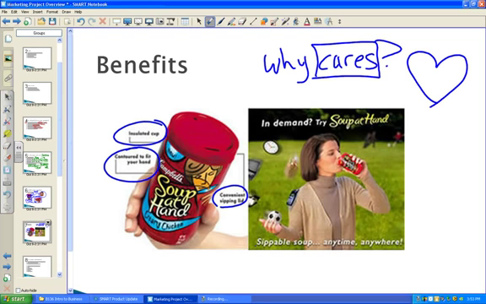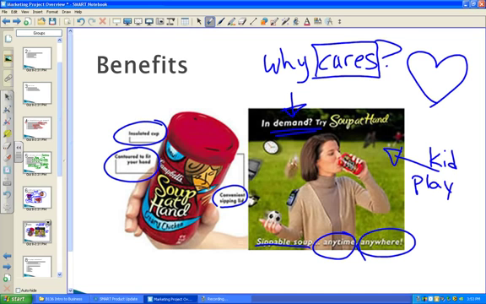Let's look at this woman. It's sippable soup anytime, anywhere. So this ad is telling me the benefit of Campbell's Soup at Hand is that this in-demand mom who loves her kids, and kids playing soccer, can take care of herself at the same time that she takes care of everything else.